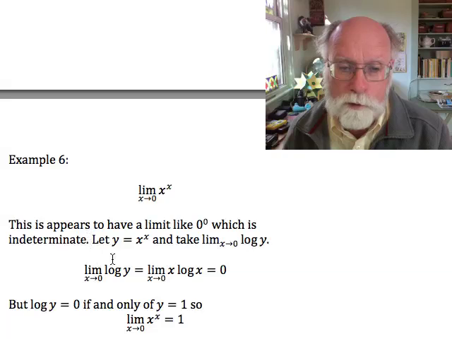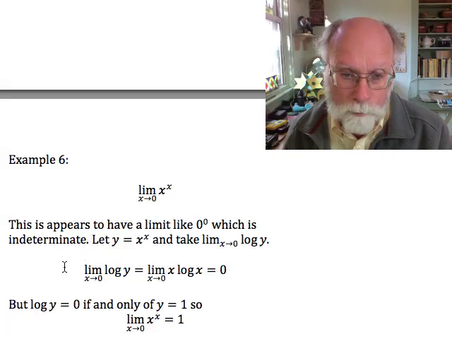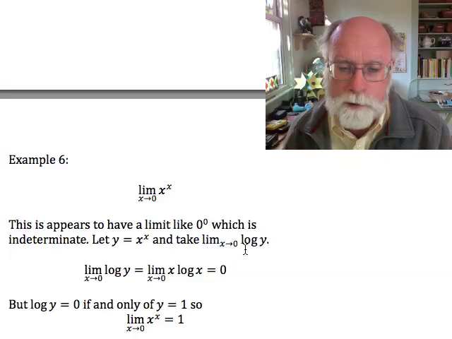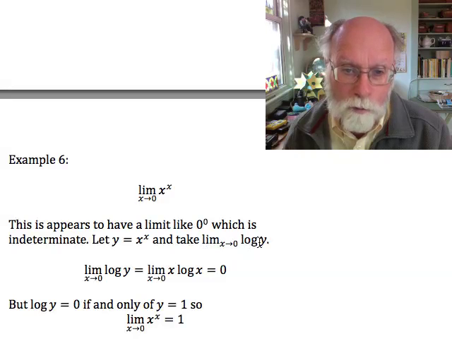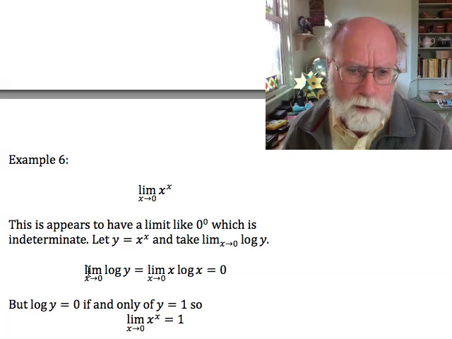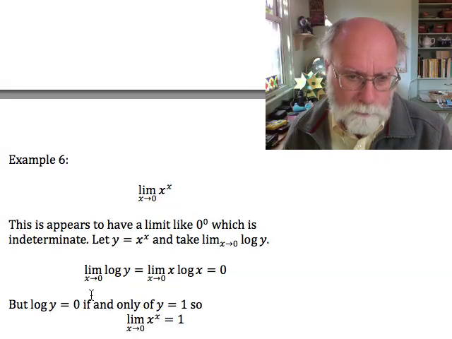Now here we do something that's different. We're going to let y equal x to the x, so it's the limit of y as x goes to 0 that we're after. But we take the logarithm of y, and we'll take the limit as x goes to 0 of log y. And we do this because it will simplify our exponential expression here.